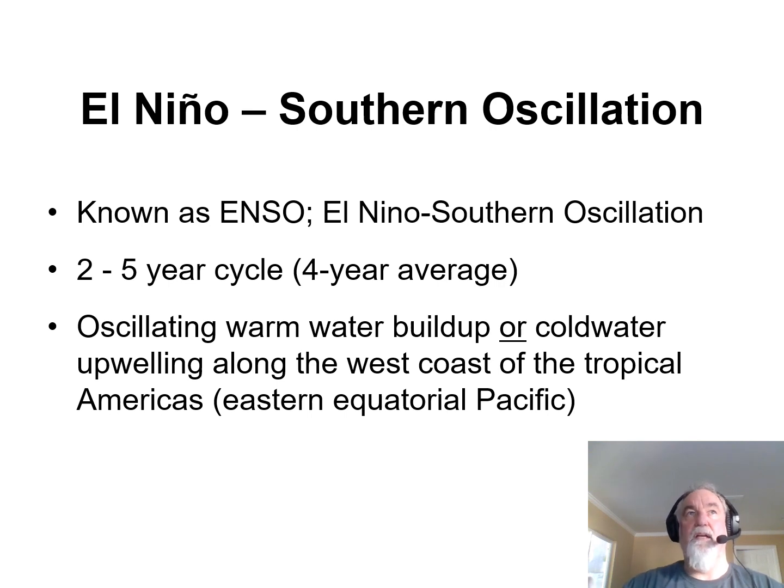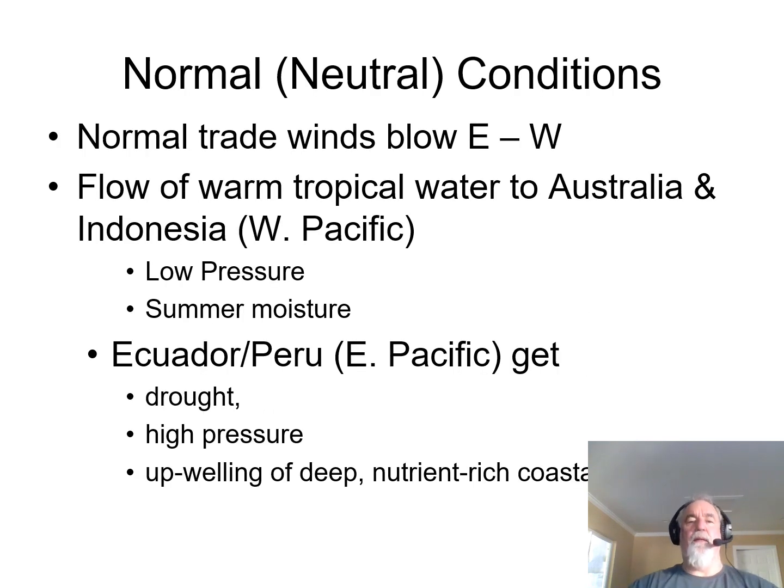So, El Nino Southern Oscillation: oscillating warm water buildup or cold water upwelling along the coast of the Pacific Ocean, either on the tropical Pacific side or on the side of Asia. Again, let me explain that. I need a map to be able to do that.